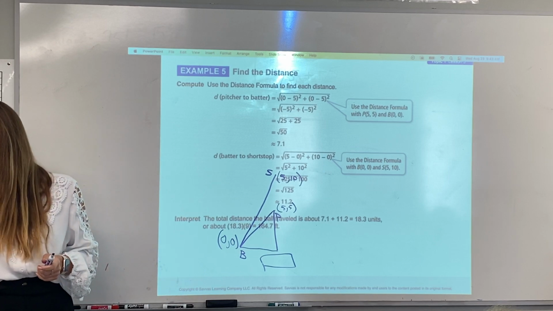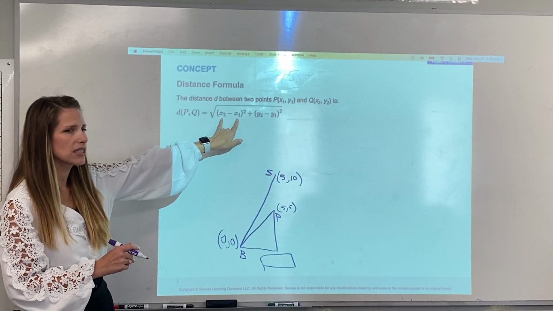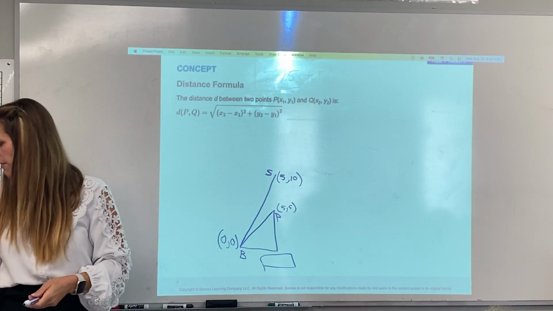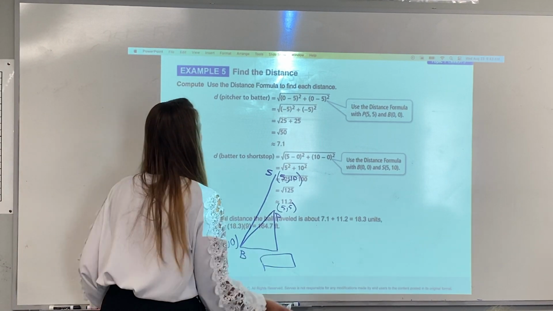Because remember, the formula is the difference of your x values squared and the difference of your y values squared. In this case, it's the exact same thing.